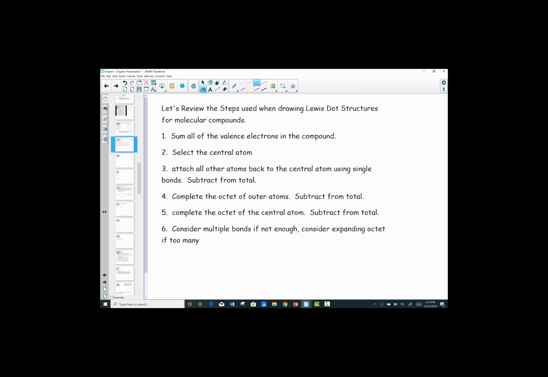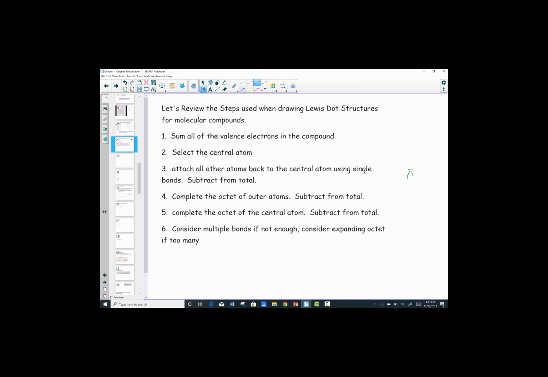Let's review just some steps about drawing simple Lewis dot structures. And again, drawing simple dot structures, the idea is to obey the octet and to check formal charge. So we want to sum all valence electrons in the compound.